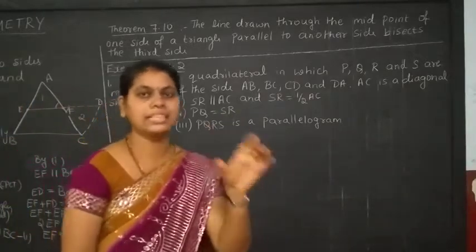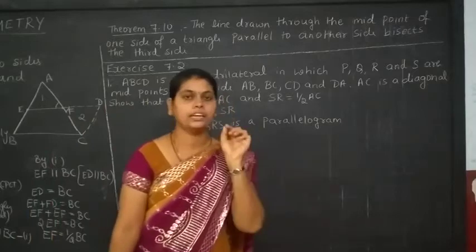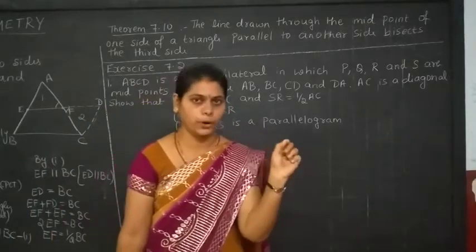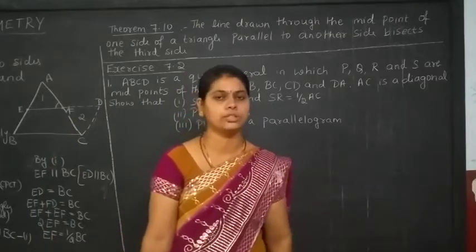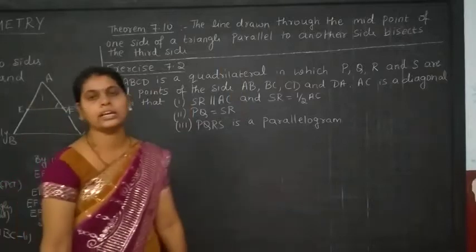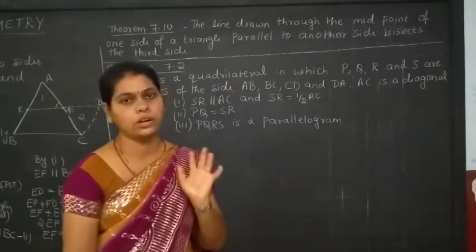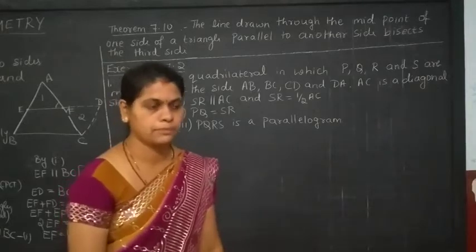That theorem is true, students, but proof is not required. If you take one point as the midpoint and the line is parallel to another side, then you can say the other point is also the midpoint. That is theorem number 7.10. Proof is not required. Only the statement is required to solve the problems.